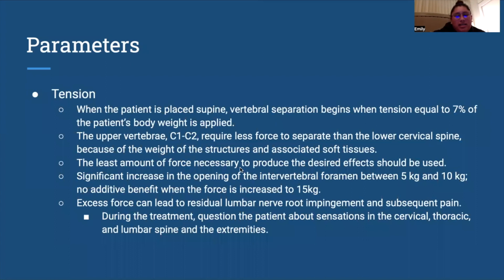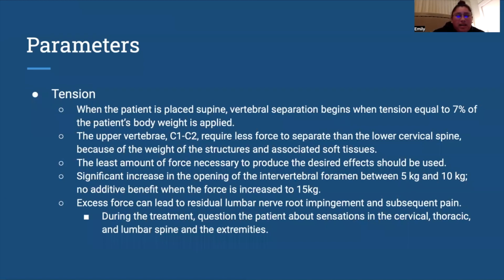Also, the least amount of force necessary to produce the desired effect should be used with cervical traction. There is a significant increase in the opening of the intervertebral foramen between 5 kilograms and 10 kilograms. And then when you try to increase the force to 15 kilograms, there's not really a benefit added.